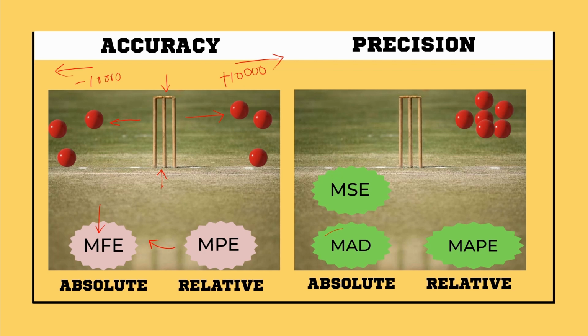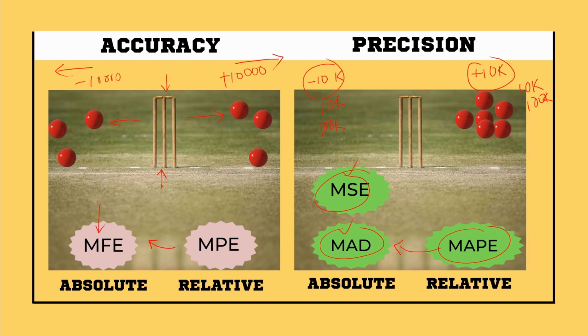But unlike this, your MAD and MAPE, which is the relative measure of MAD, as you can see, and MSE also, are primarily focused on precision. Why? Because if this minus 10,000 and plus 10,000 thing happens here, then MAD and MSE both will consider it. MAD will take 10k and 10k because it is taking the absolute value, and MSE is taking 100 million and 100 million because it will square it.